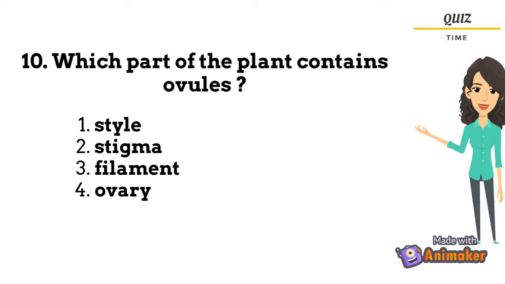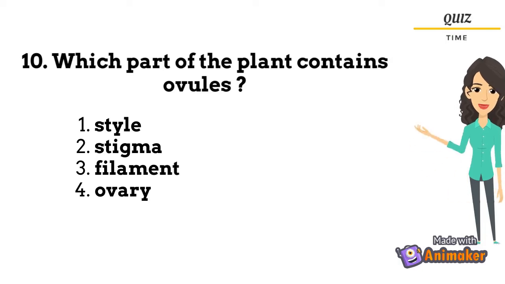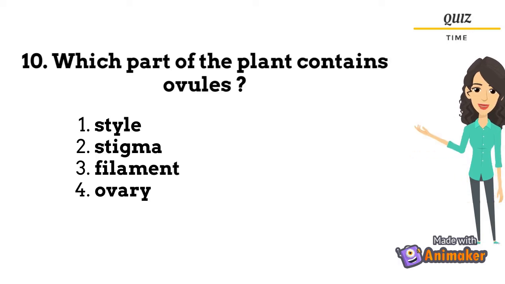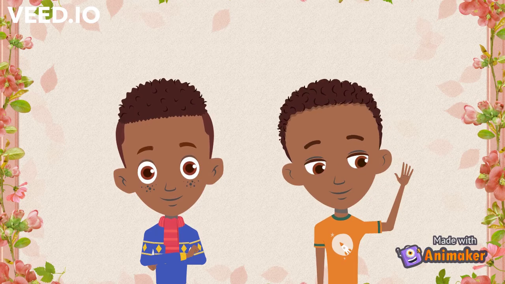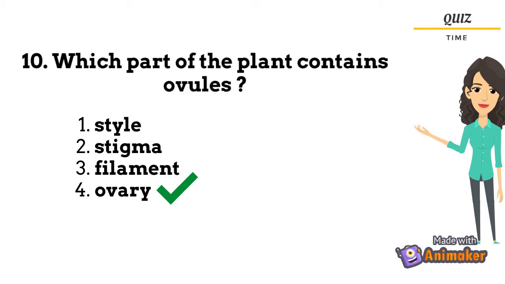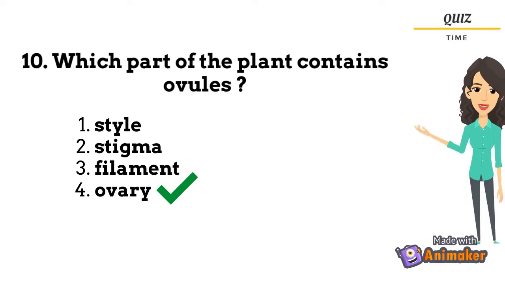Which part of the plant contains ovules? The options are style, stigma, filament, ovary. Ovary. Very good. You both are right. The answer is ovary.